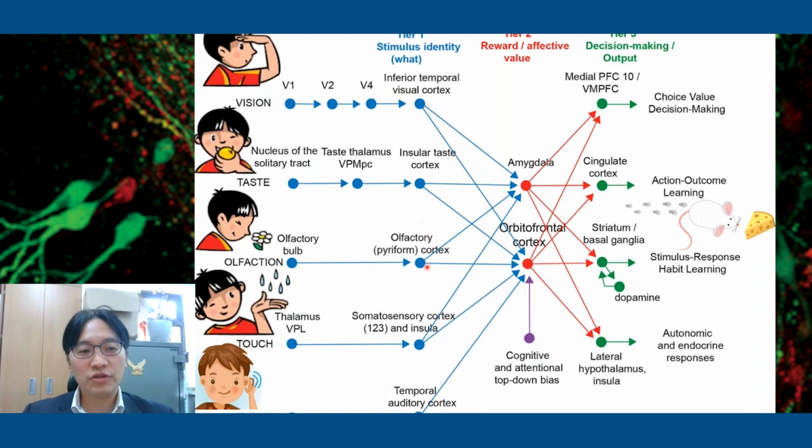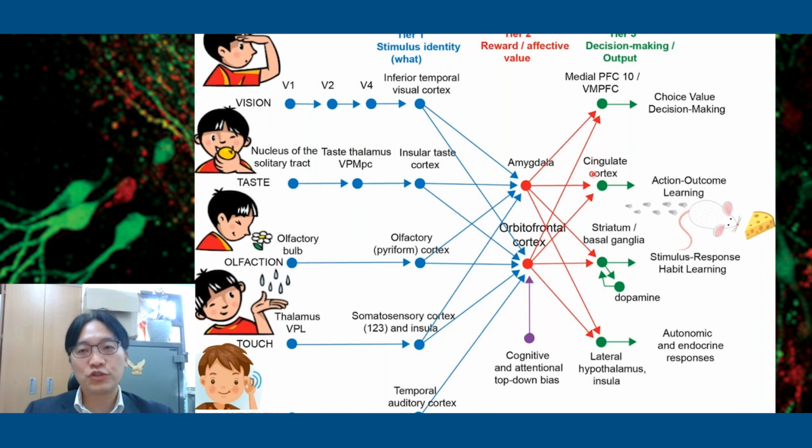So that's cognitive neuroscience. And there's tier two, that's reward or affective value, or something like emotion. Is it something good or is it something bad? So is an apple a good thing or is a cat a scary thing? So some of the neurons are doing their job by encoding the reward or affective value. And there's the tertiary, decision making and output. So what should we do?